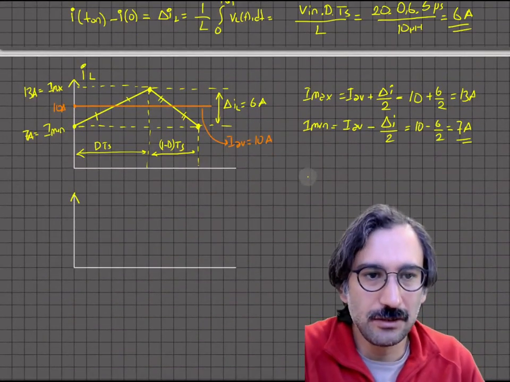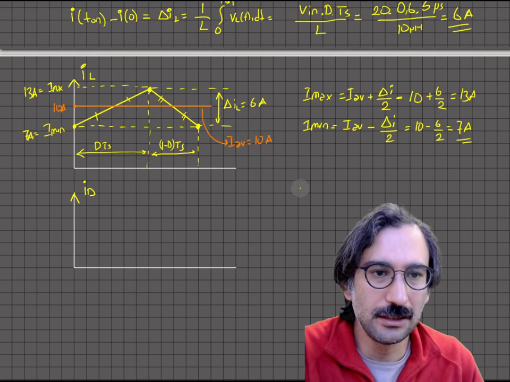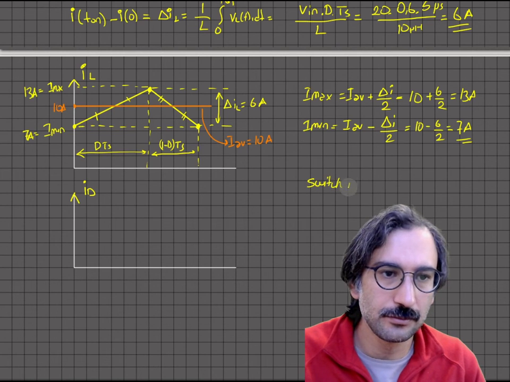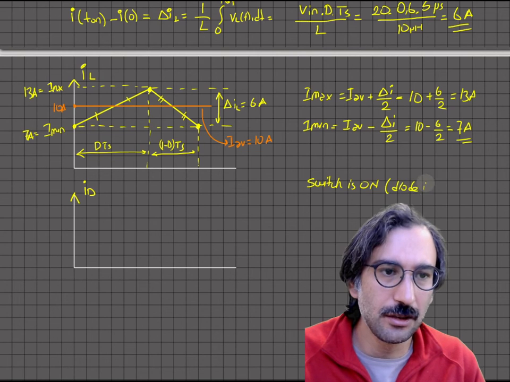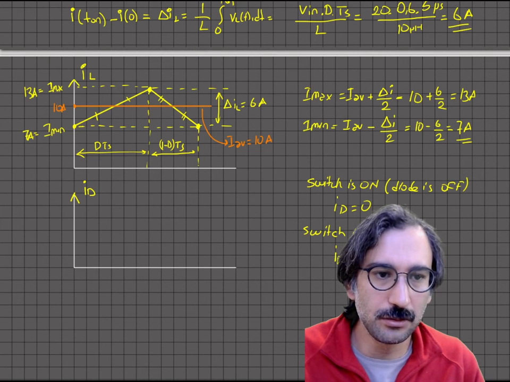So let's write here. This is the diode current, ID. When the switch is on, in that instant the diode is off, and ID will be 0, and when the switch is off, the diode will be conducting and ID will be equal to IL.